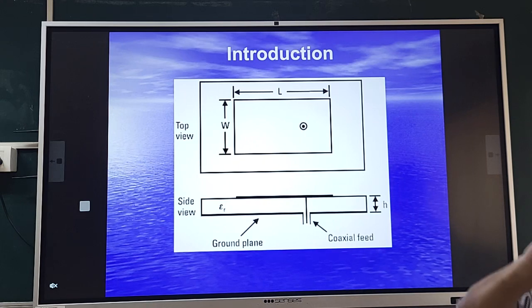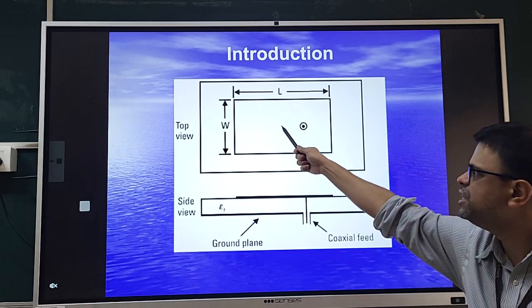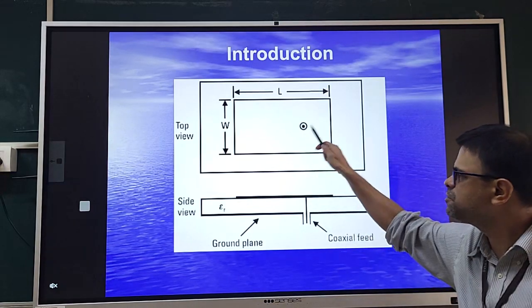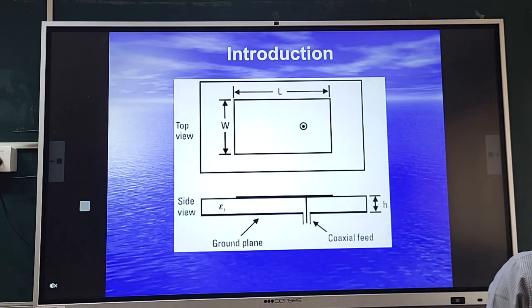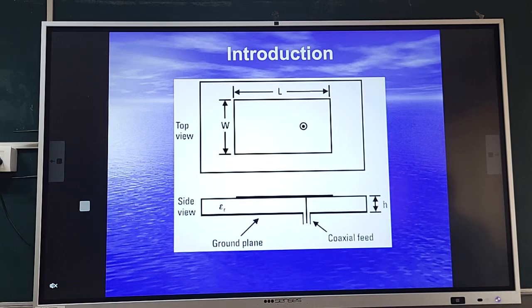Another disadvantage, you may not understand to that extent right now. If you see the structure with respect to the centroid of the radiating patch, the feed is placed on one side. So it is regarded as an asymmetrical feeding antenna, which causes some kind of squint in the radiation pattern, away from the broadside.